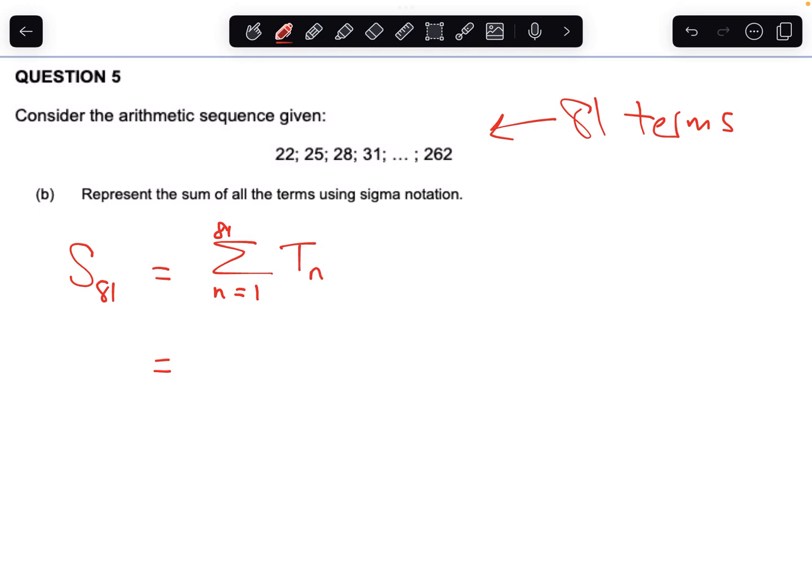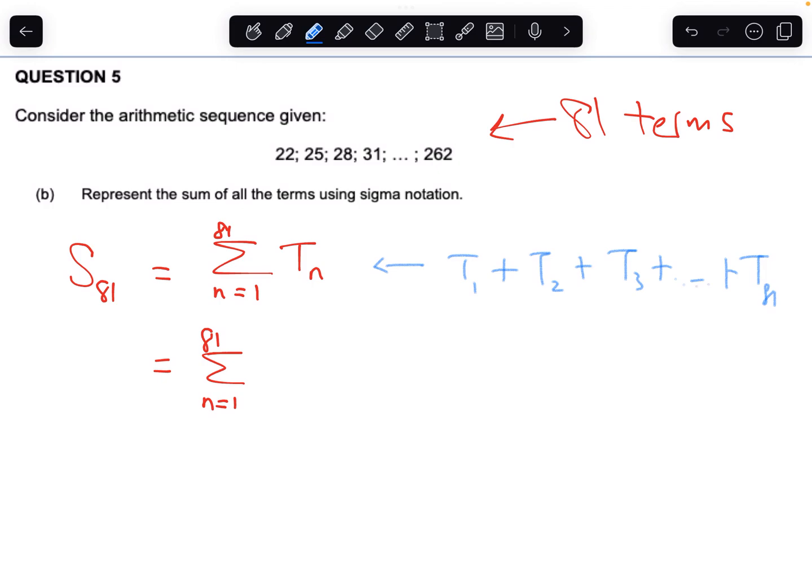So let's figure out an expression for the nth term. What I've written here is t1 plus t2 plus t3 and so on until t81.